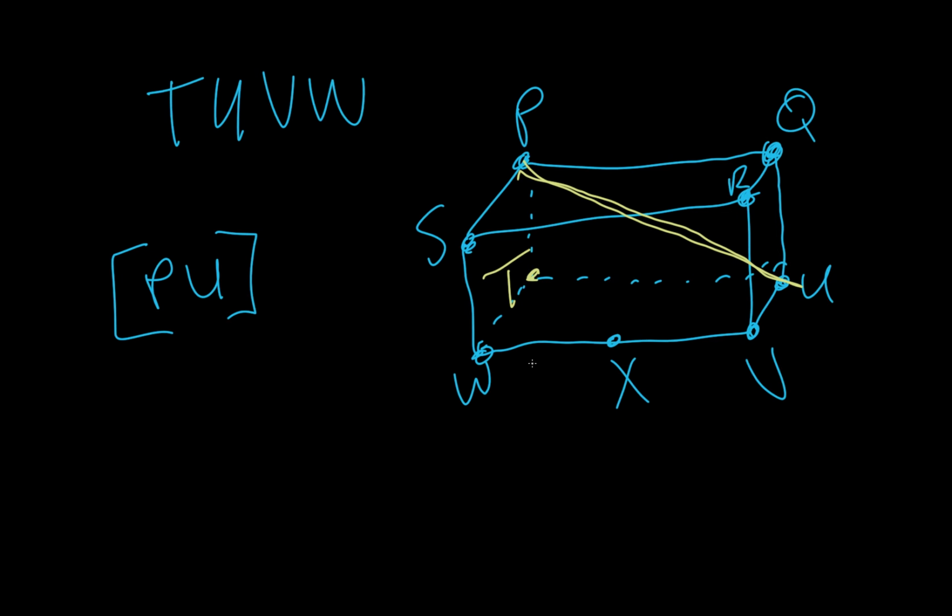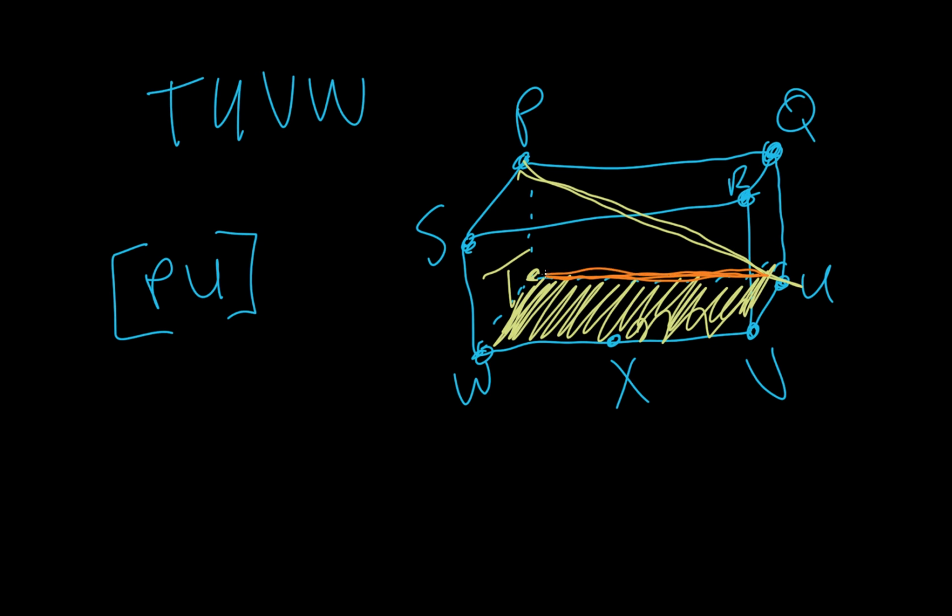So we're focusing on this plane that's right here, the bottom. If we project this onto this, it becomes TU. And then the required angle that we need is going to be this one, which is PUT.